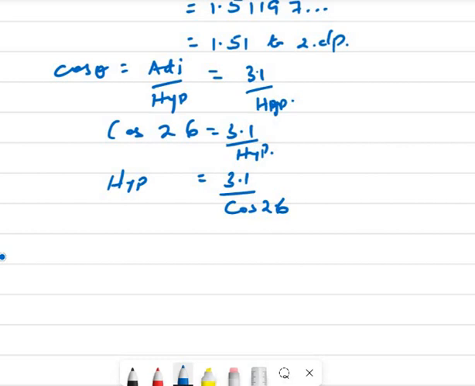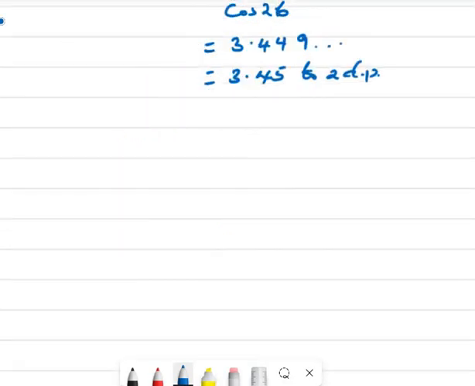This gives us a value 3.449 and other digits, which can be rounded off to 3.45 to 2 decimal places.